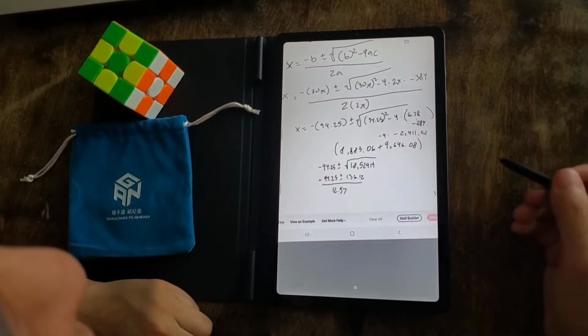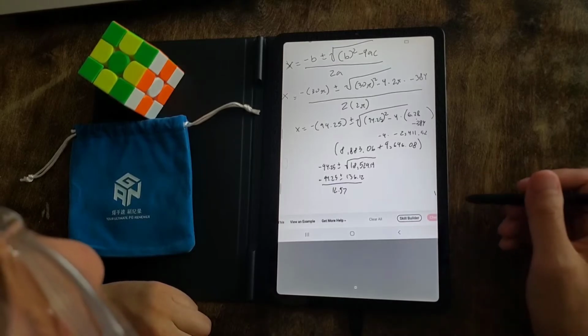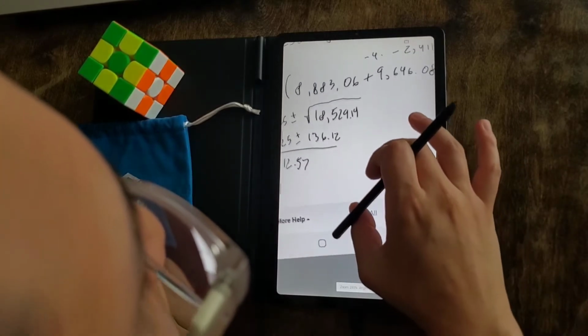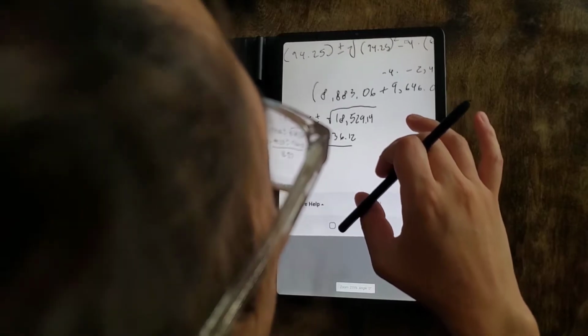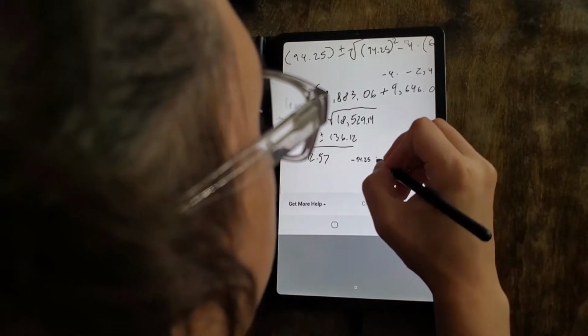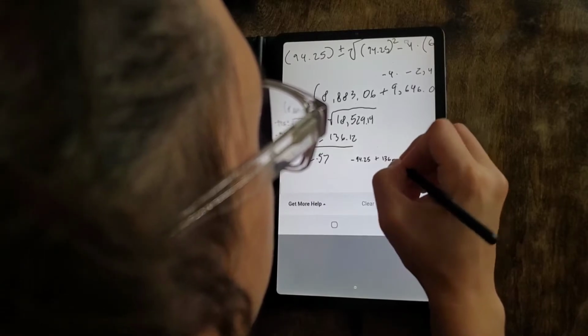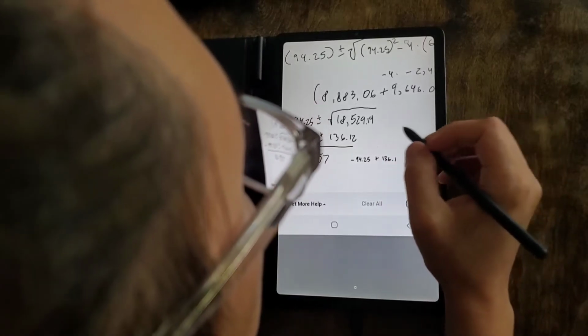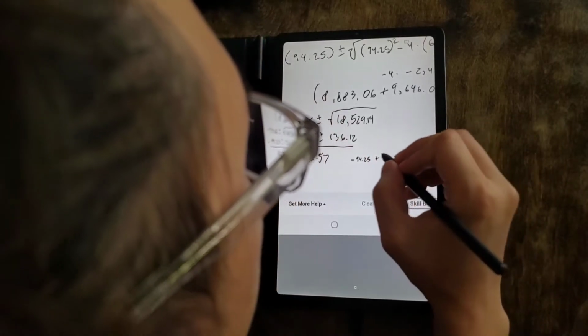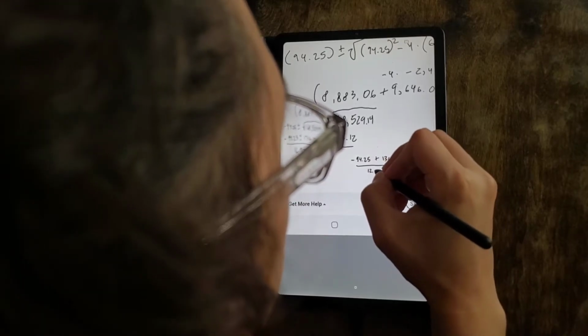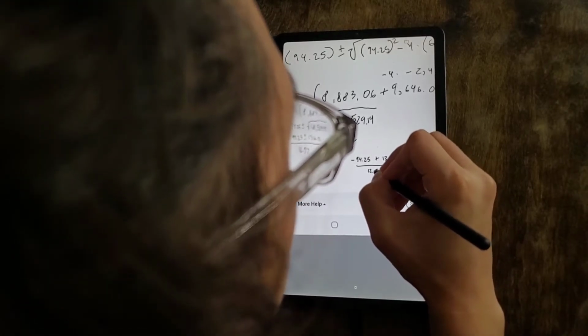Now that we have no more pi's in our equation, we could finally just do this like it's a normal problem. So what we're going to do is negative 94.25. We'll first do plus and then we'll do minus later. Plus 136 point, I can't read my handwriting, I'm hoping that's a 2. All of this over 12.57.